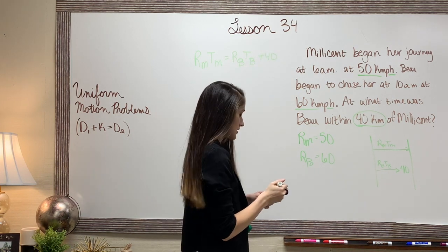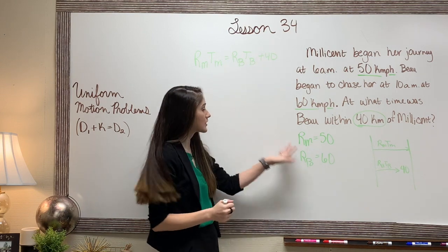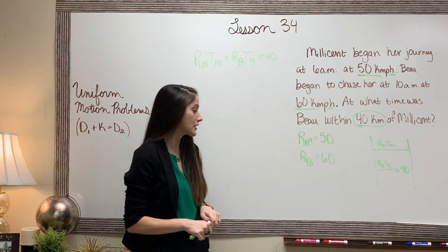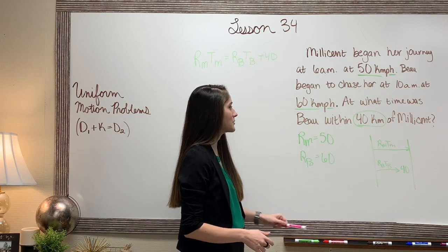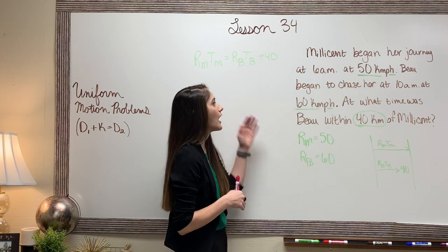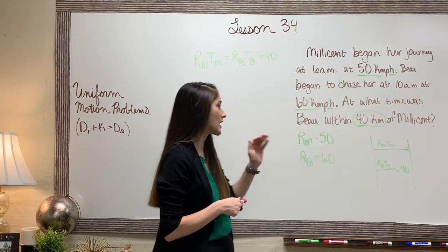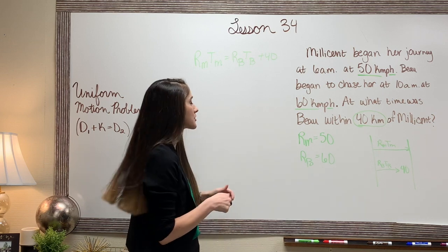Okay, so there's that, and we have two equations about rate. We have 3 equations total. We should have 4. We haven't done anything about time yet. And they don't tell us specifically what time either one of them was done. They want us to tell them at what time was Bo within 40 kilometers.